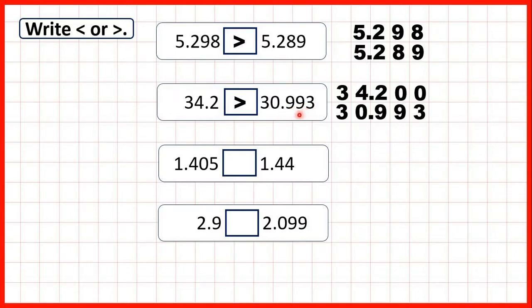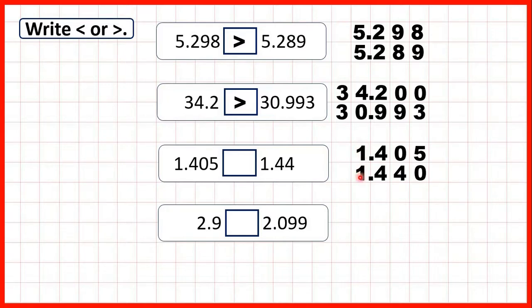Now we have 1.405 and 1.44. Our decimal points are lined up, which means our ones, tenths, hundredths and thousandths digits are lined up as well. We can write a 0 in this empty square, and now we start by comparing the larger place values, which here is our ones.